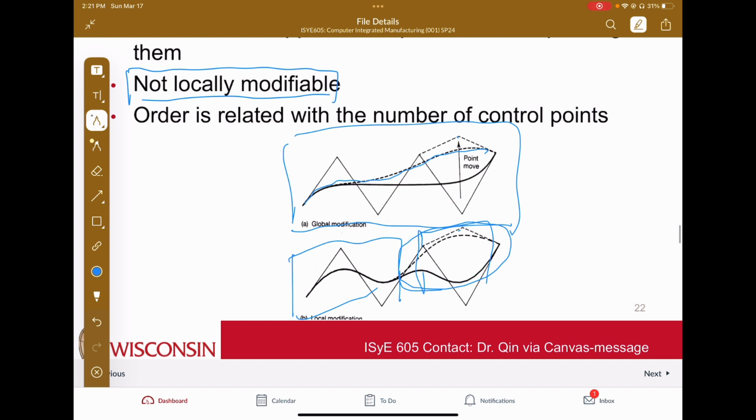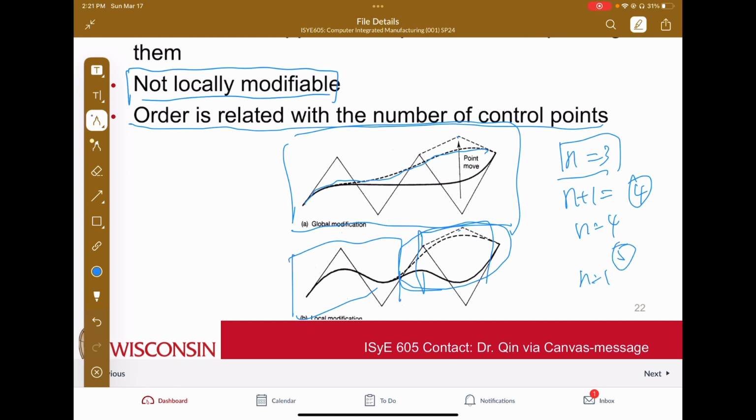The third one is the order. It's related to the number of control points. Remember, for cubic, we have order 3, and we need n plus 1, which is 4, control points. If we add more control points, we get higher orders. For example, order 4 needs 5 control points.